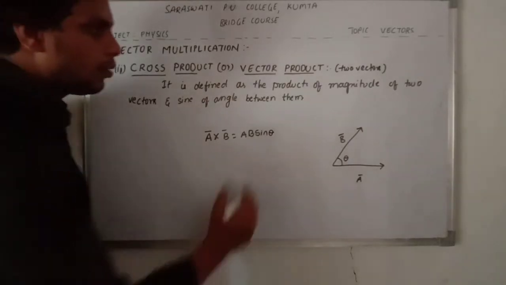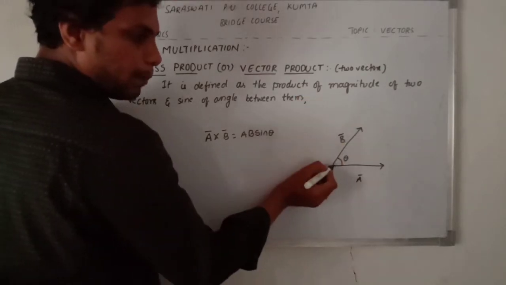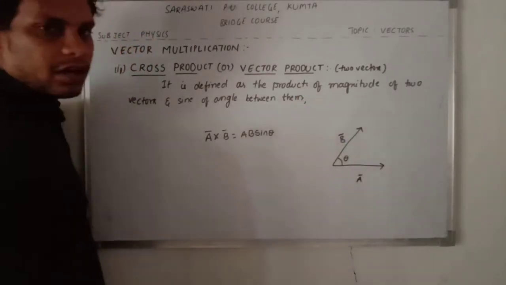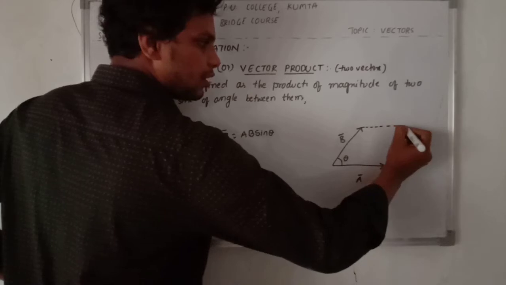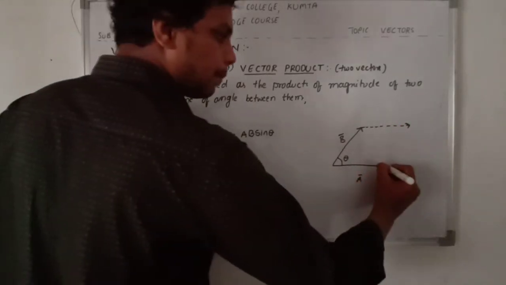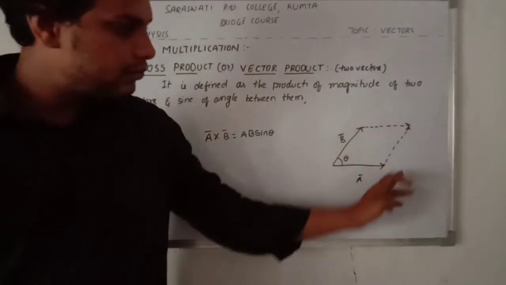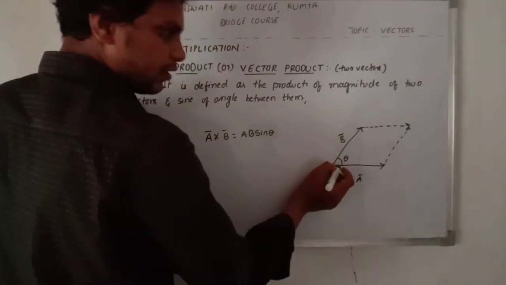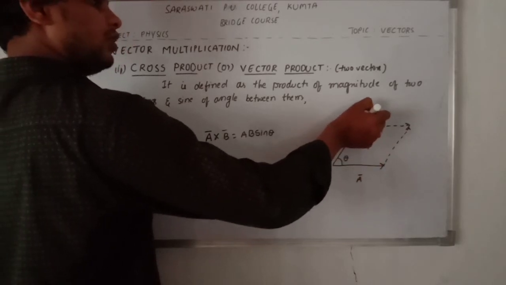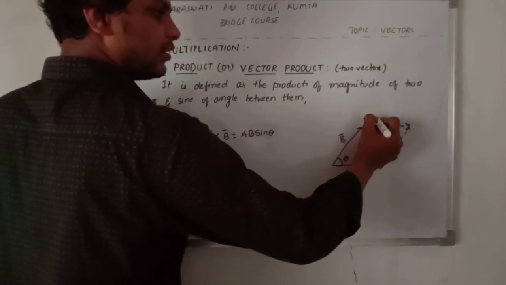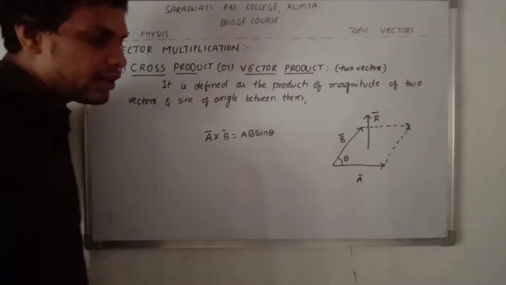Just try to understand. In vector product or cross product, there will be one resultant perpendicular to the plane of a bar and b bar. For example, I will take one line parallel to a bar, and one line parallel to b bar. Now it looks like a plane. If you draw one normal to this plane, that normal will always be in the upward direction. I will take this as the resultant R bar.